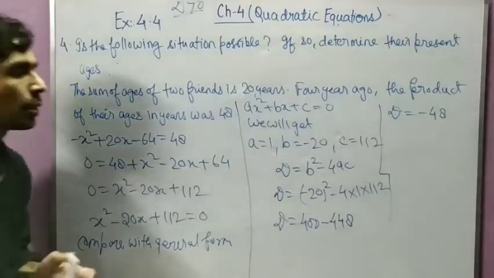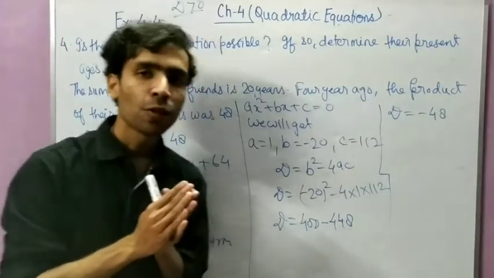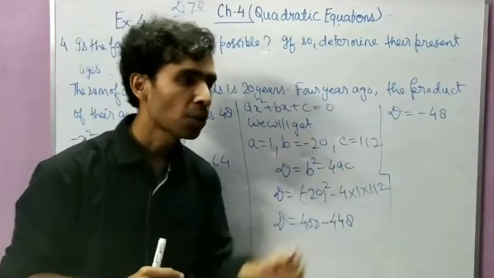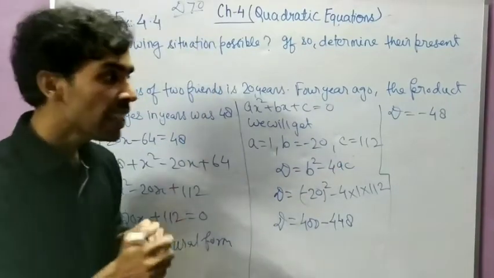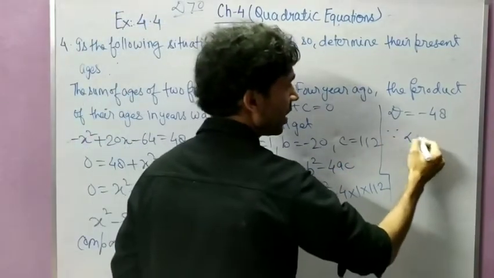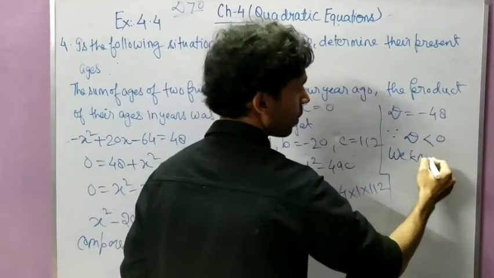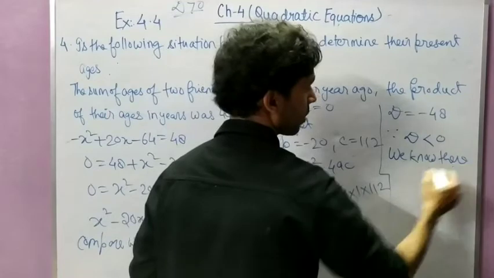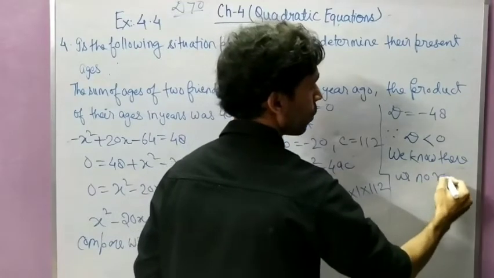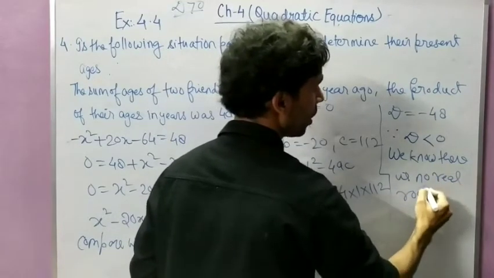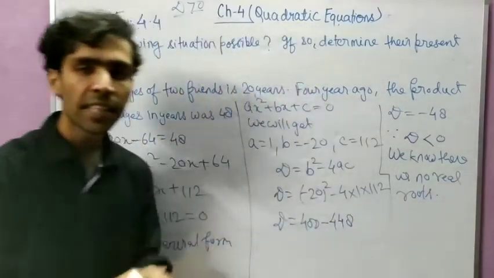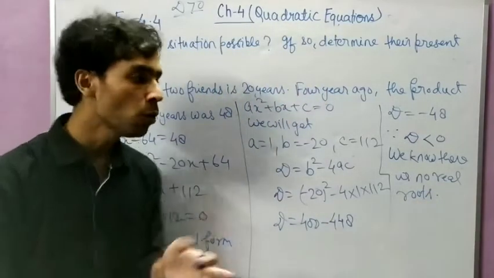So students, you can see that in the previous question d was positive and in this question d is negative. And when d is negative, we know there are no real roots. This is the third case. When d is negative, there will not be any real roots.